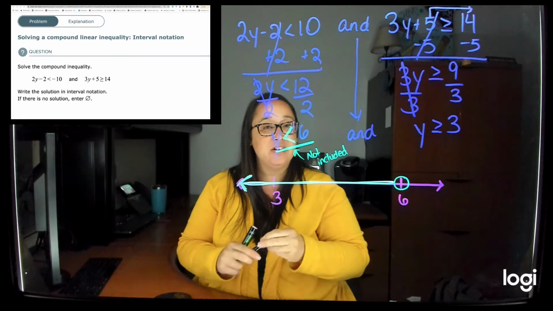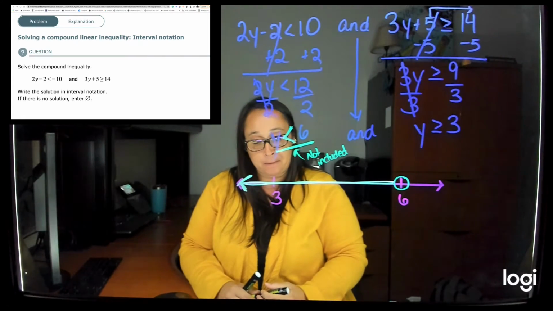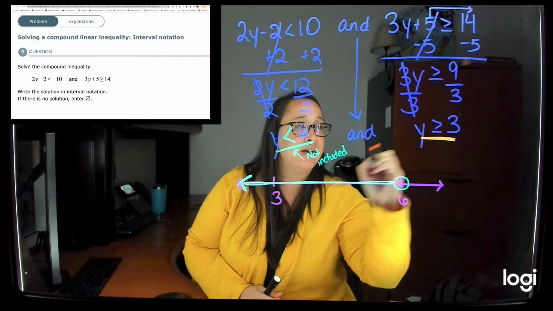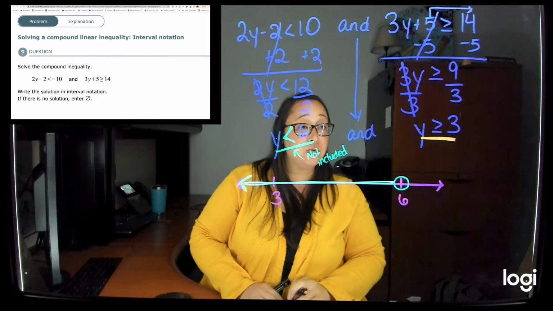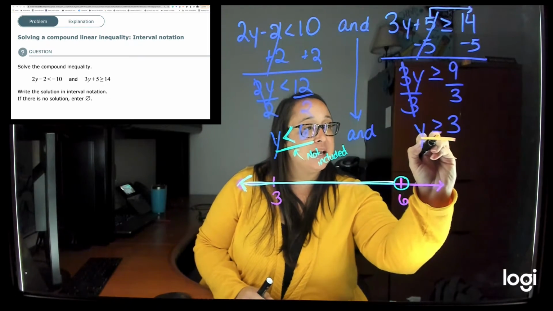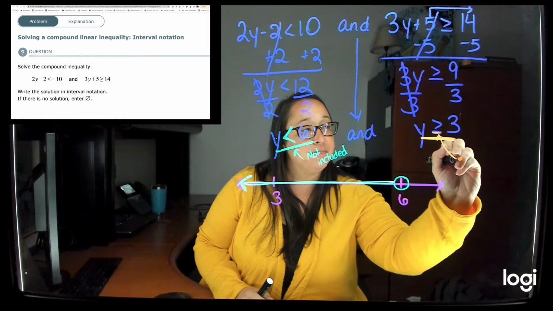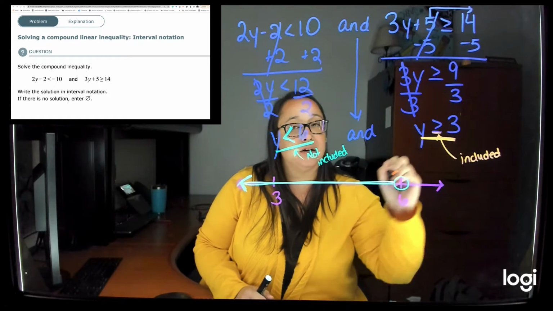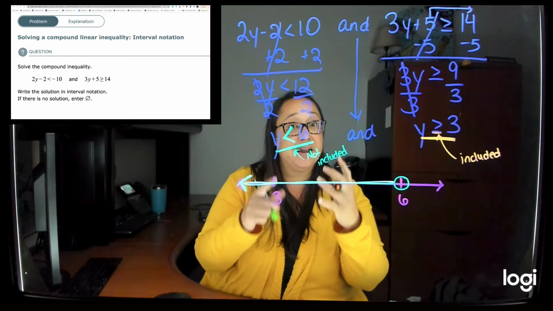All right, so let's use a different color here. Let's use orange. And we want to graph that y is greater than or equal to 3. Well, that equal to part here is telling me that that 3 is included in the answer.